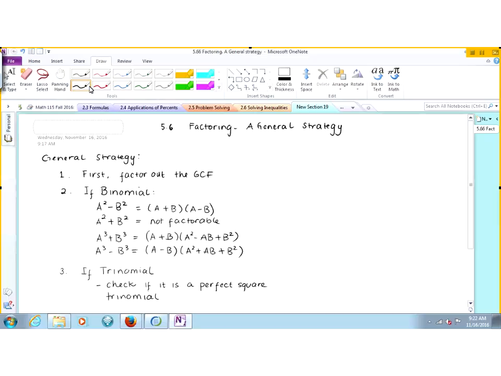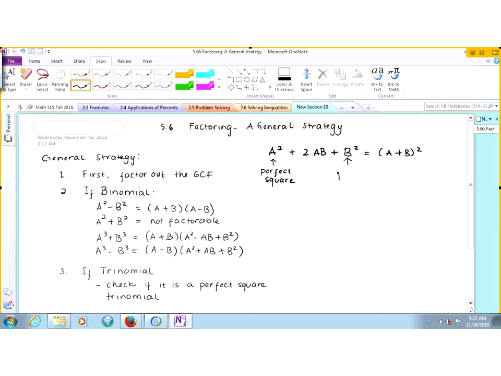Well, if you have a squared plus 2ab plus b squared, this is a perfect square trinomial. So you have to check if it is a perfect square.